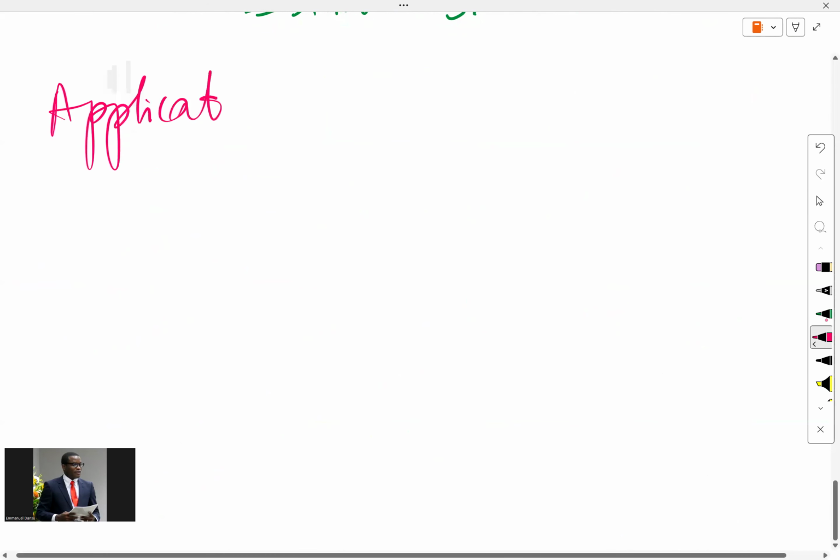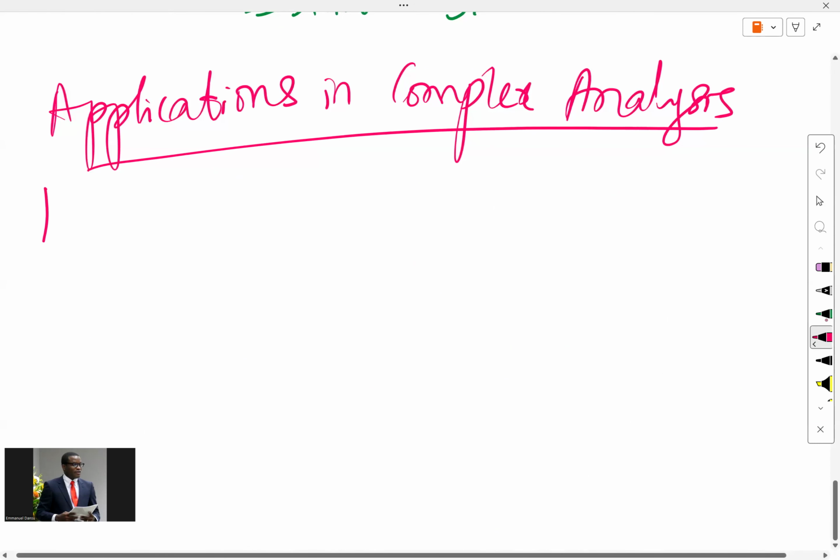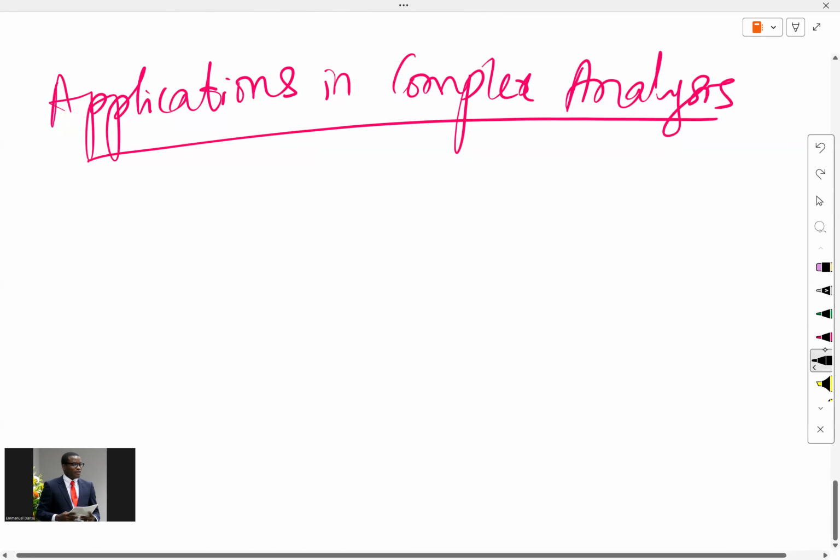Applications in complex analysis. One, we can talk about conformal mapping. One is conformal mapping.